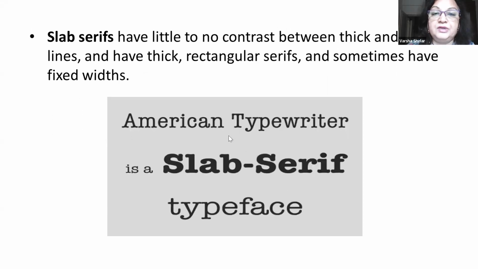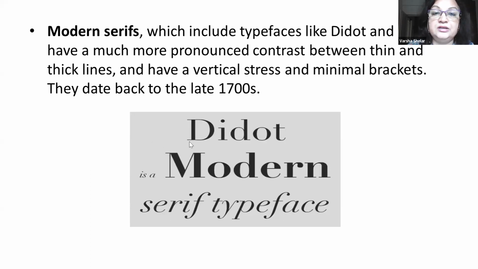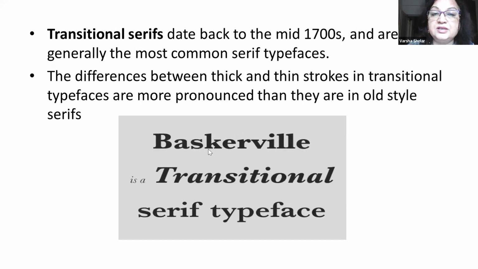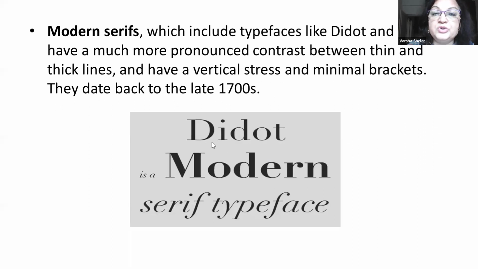Slab serif. Now, as the name suggests, you see the difference between serifs. See here, the serif is almost like a thin line. Are you noticing the difference? See this Baskerville. The serifs are all different; they are slowly evolving and changing depending on the application and what they are being used for, right?